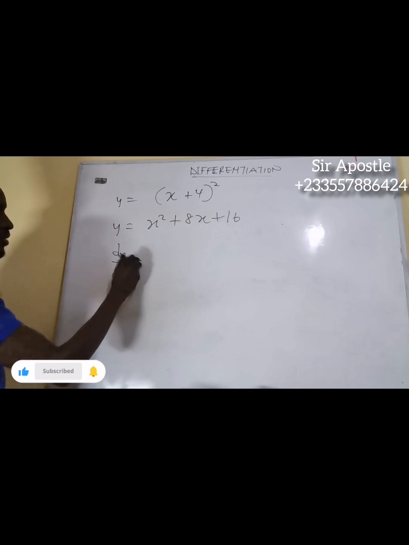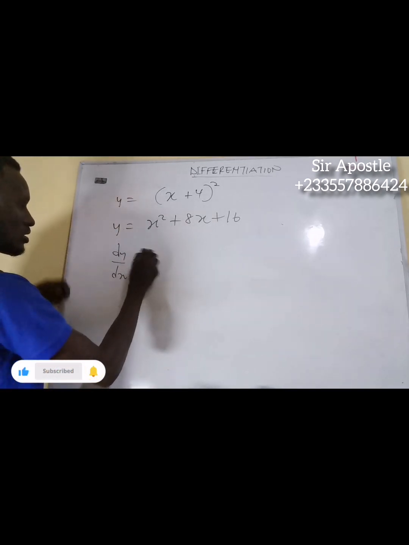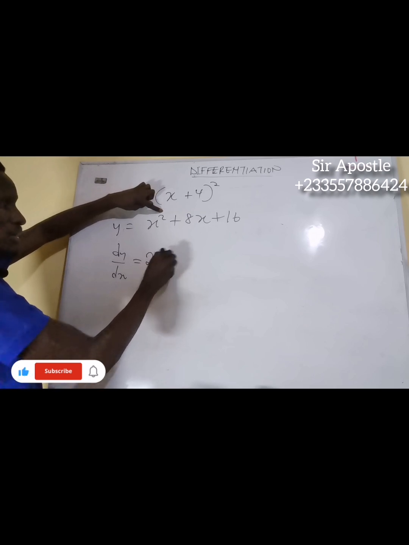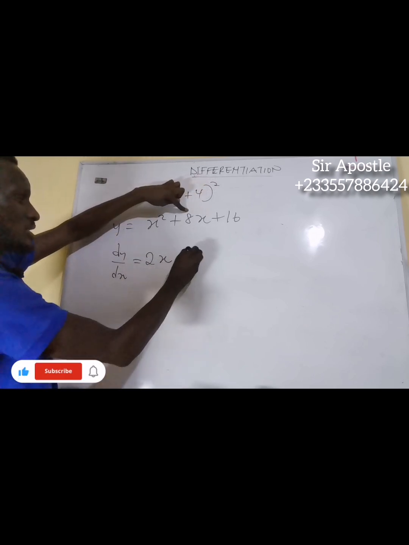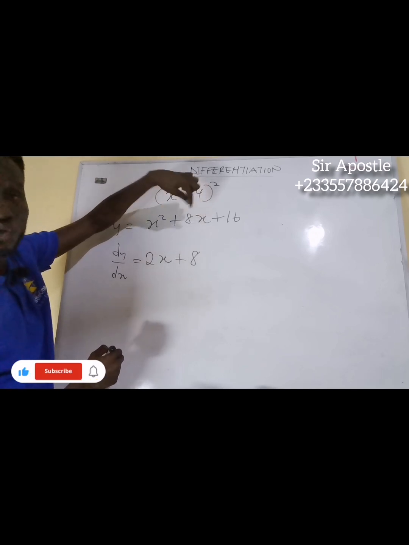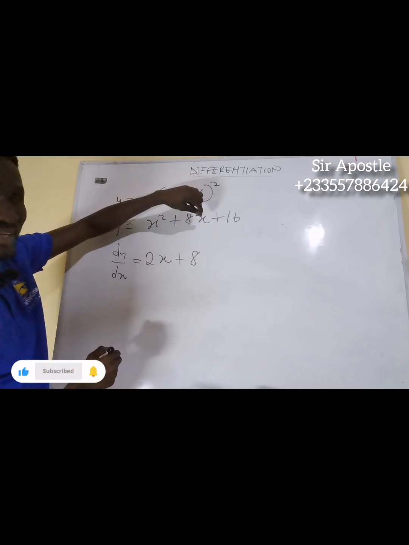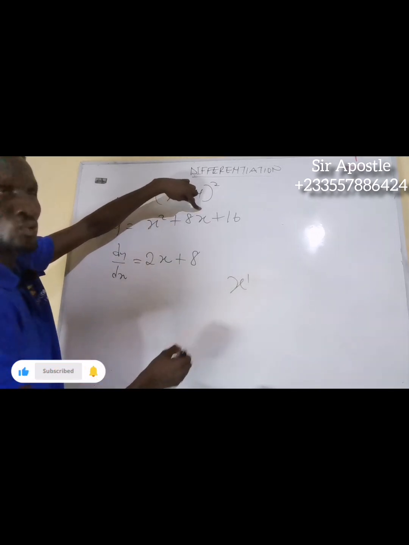Now when I differentiate this, what am I going to get? 2 times 1 is 2. Reduce the exponent by 1, we're going to get exponent 1. 1 times 8 is 8. Now when you differentiate 8x, you're going to get 8, because we said that x is the same as x exponent 1.